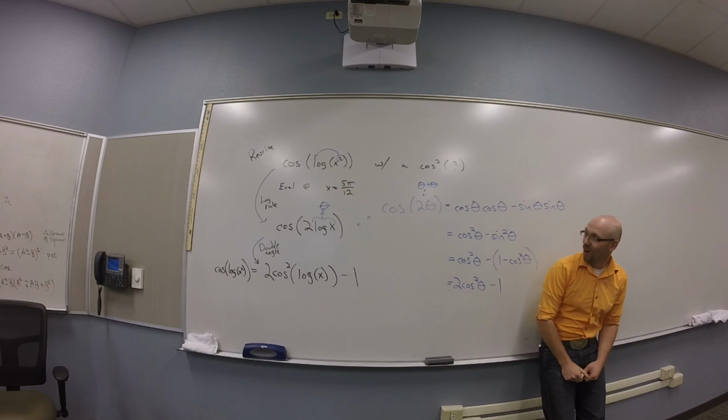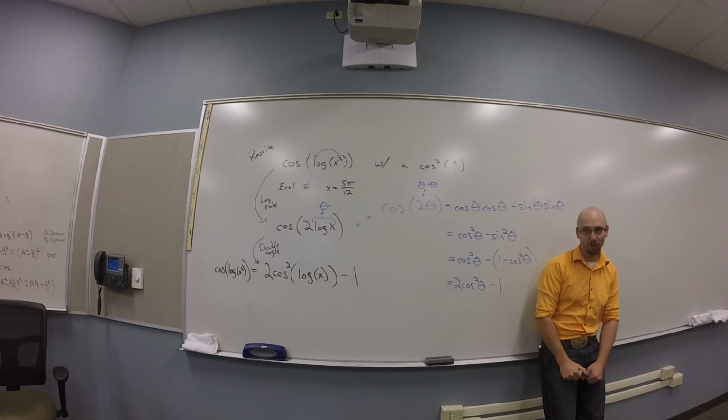All right. So then there's this other thing, which Avin says we should evaluate at x as 5 pi over 12. That I think we're totally screwed on. The reason is that I don't know how to log 5 pi over 12 conveniently.